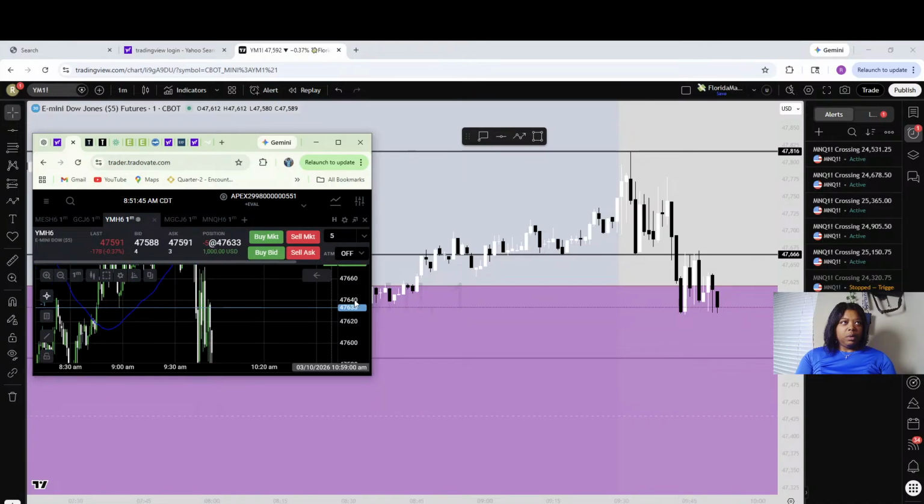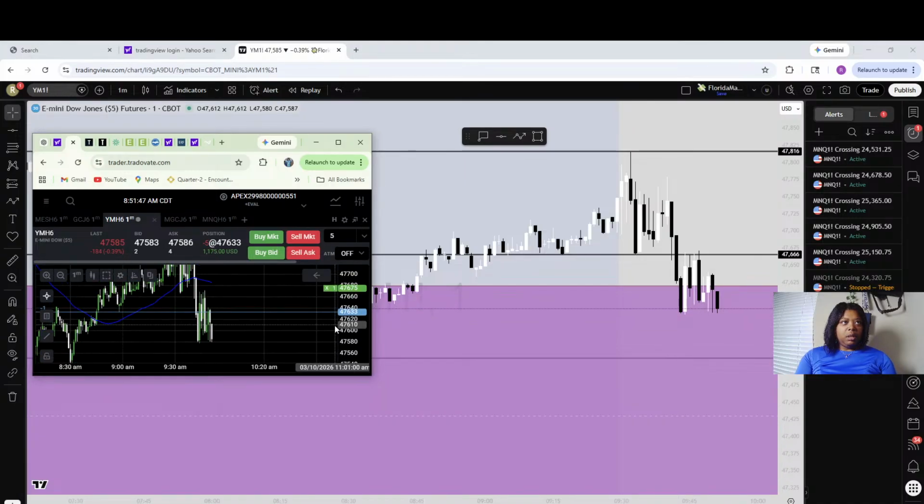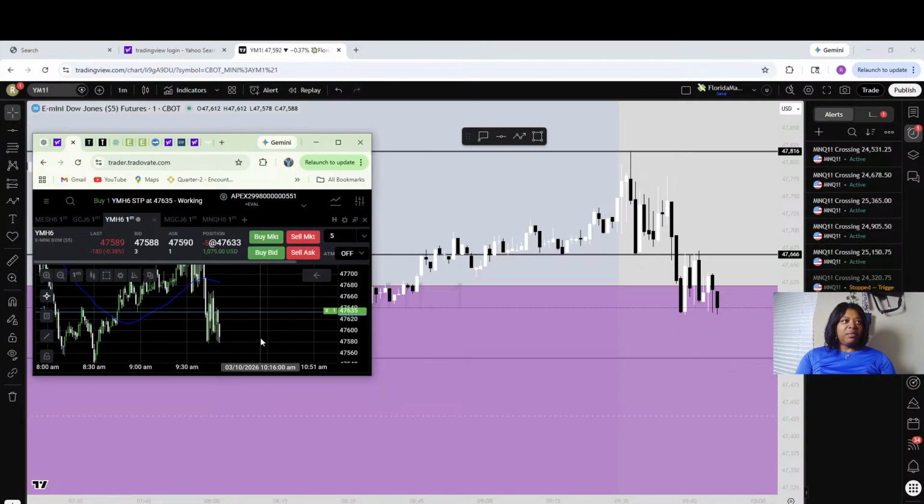Okay. Let's at least make this a risk-free trade by bringing it here to entry so it can be break even.